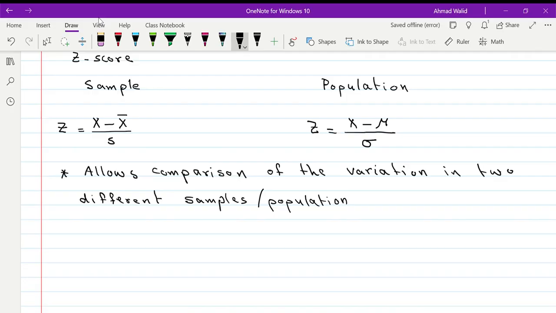Population. Correct? This is what the z-score does for you. It allows you to compare two different sets of data. Which part? The variation in two different sets of data you can compare.